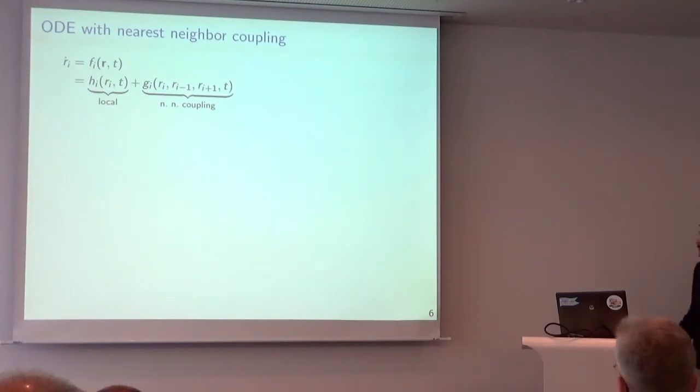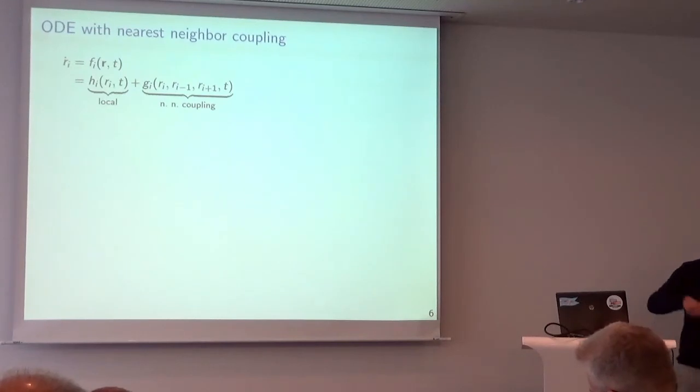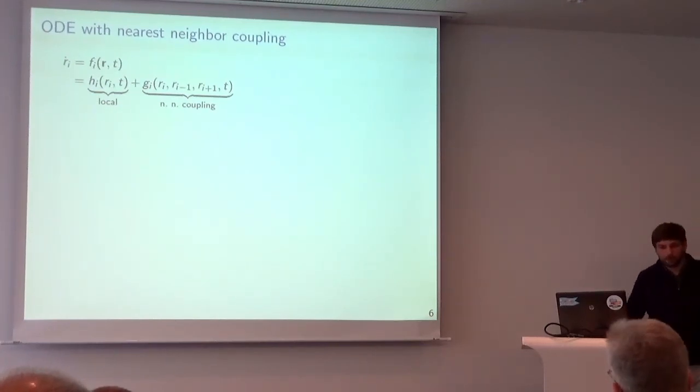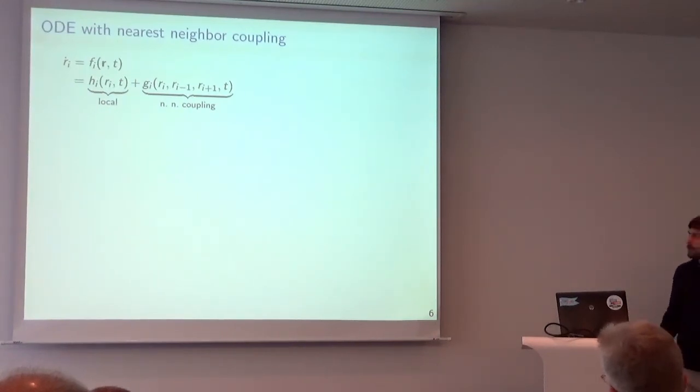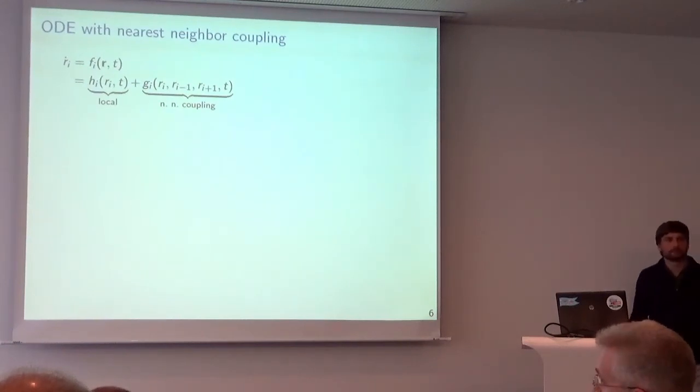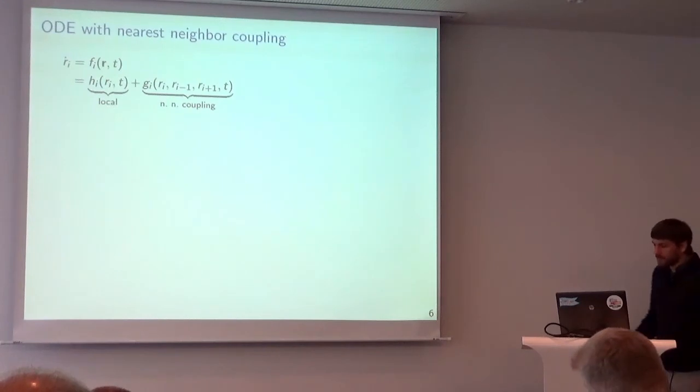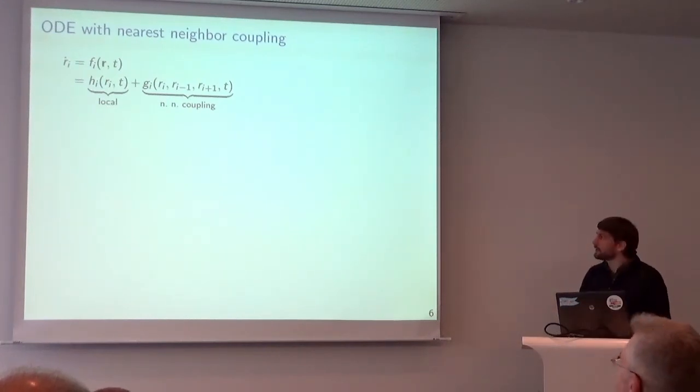So I have some local term, my pendulum term that makes it swing, but I have a coupling term, so if this one swings, then it's in some sense connected to its left and right neighbor. So if this one swings, then the right neighbor will start to swing also, and the left neighbor will start to swing. So there's a local coupling between nearest neighbors of a chain of pendulums. Okay, is this setup clear?